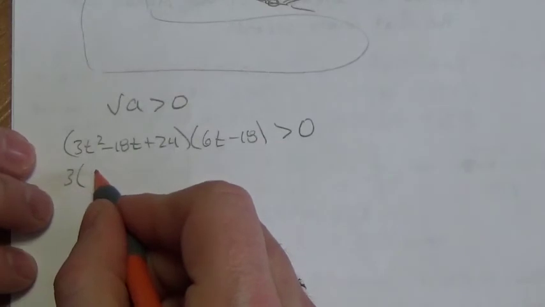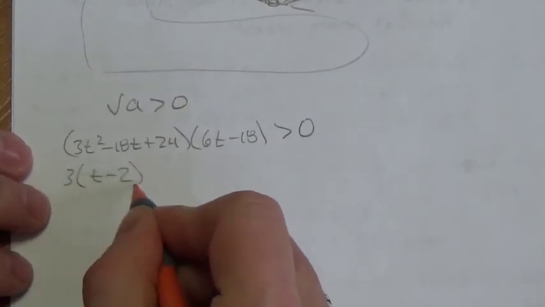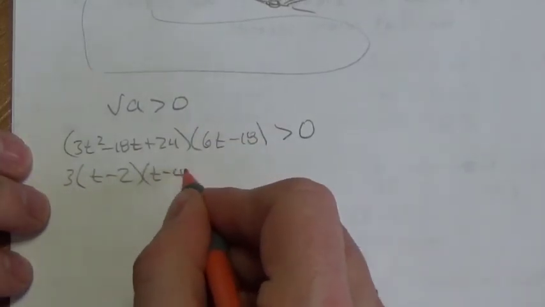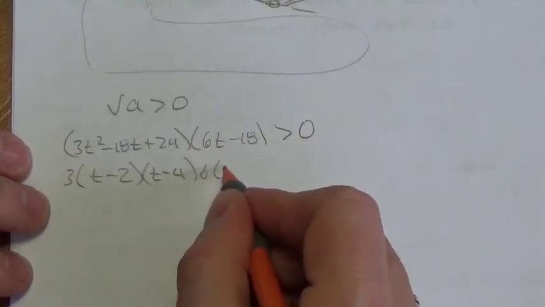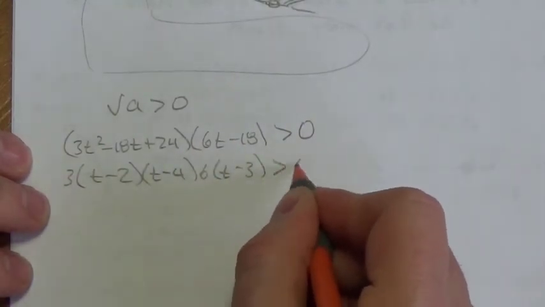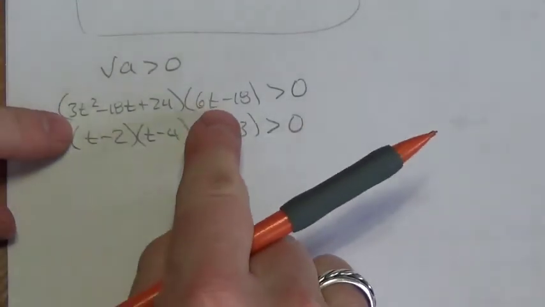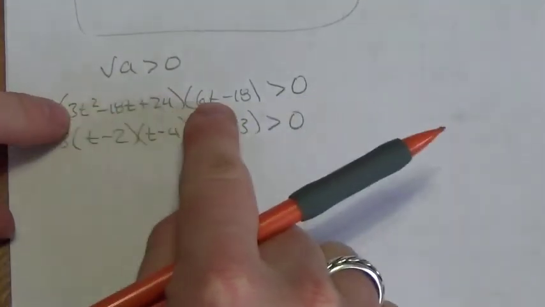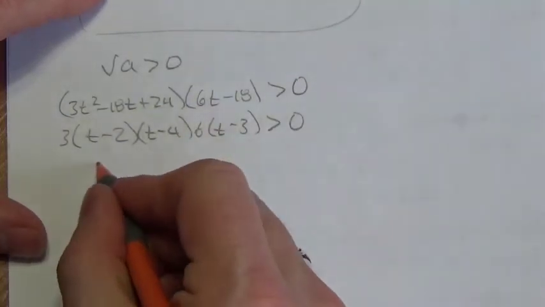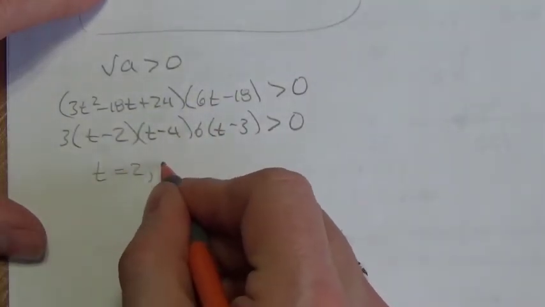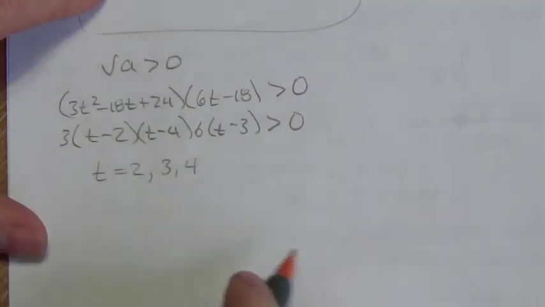We've already factored the velocity function in the last lesson. I can take out this 6 and make this t minus 3. This particular function, which happens to be cubic because it's a quadratic multiplied by a linear, has 3 roots: t equals 2, 3, and 4.